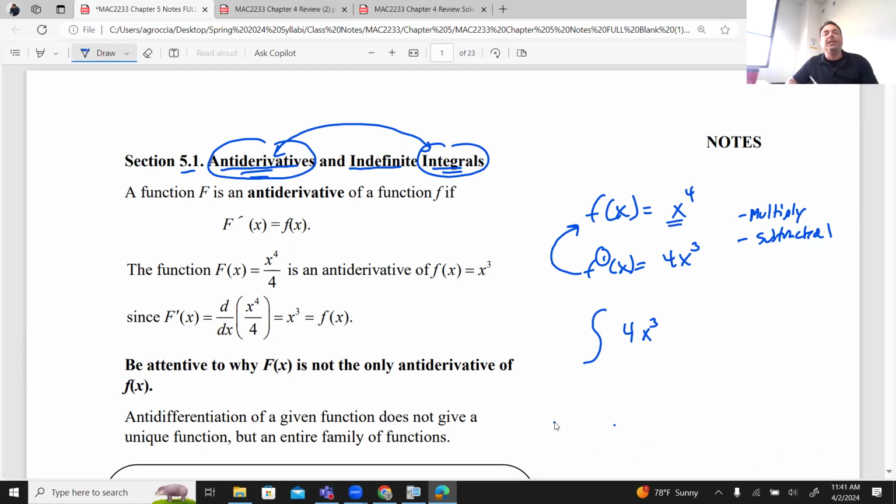The only thing that's a little different or weird about integrals is that after the integral symbol, you write what you're taking the integral of, and then you'll see a dx down there. I know that looks weird, but that dx is telling you to take the integral with respect to x.